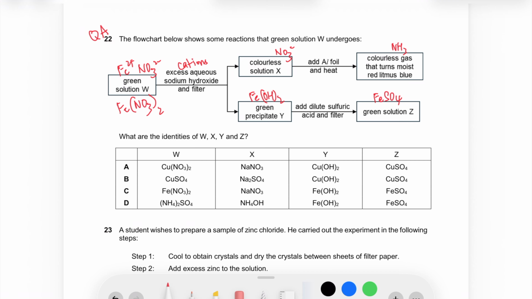If you exchange partners, this one will be sodium nitrate. So you got everything: sodium nitrate, iron 2 sulfate, iron 2 hydroxide, and iron 2 nitrate. So the answer will be C. Just look at the reagent that they add and the color of the solution or the precipitate. That will give you the clue.